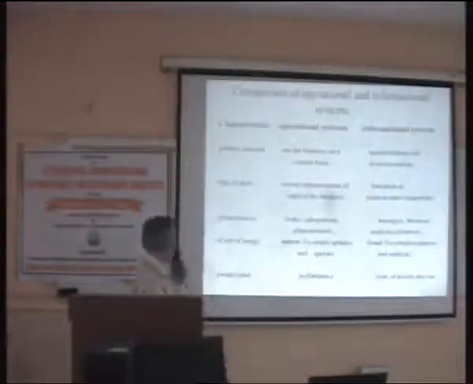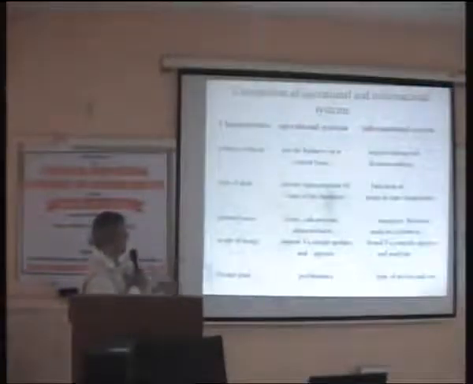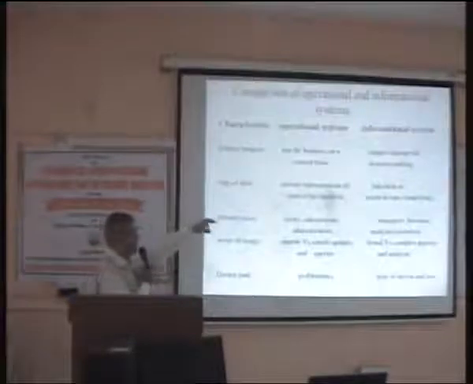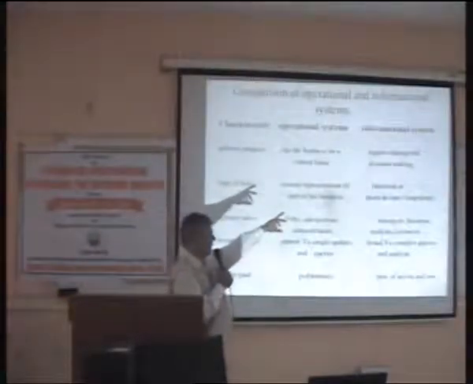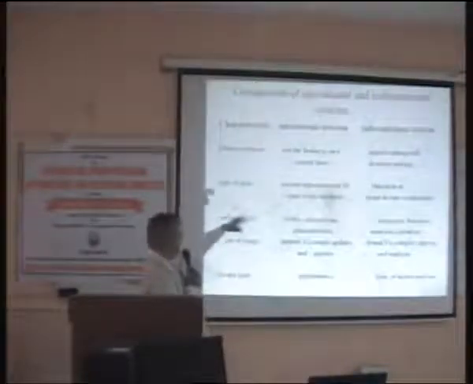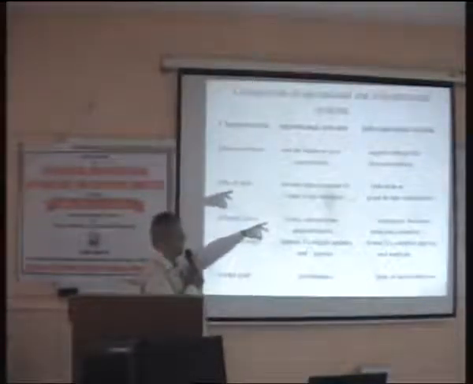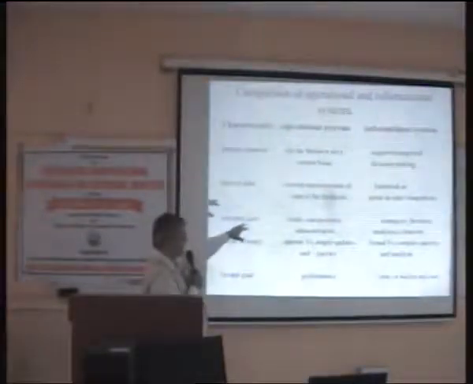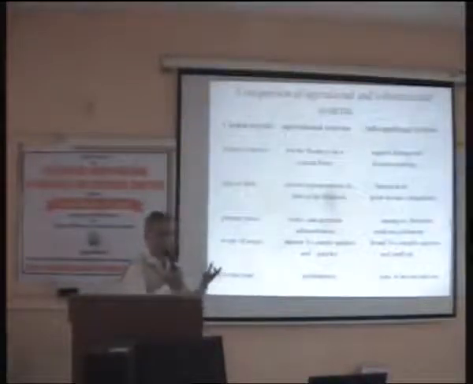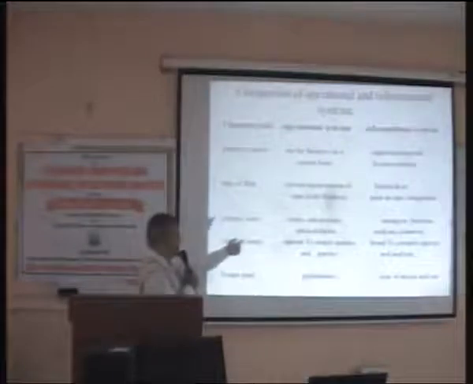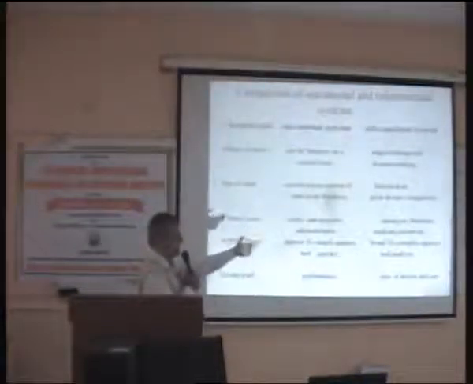When you talk of operation systems, they use current data, and there they use the past data basically just for decision making. This is current, this is historical data, the past throughout a period of time. So here we talk of the state of business, there we talk of point in time snapshots. What is the status at that point? Here the basic users are clerks and salespersons, there they are managers and business analysts and so on.